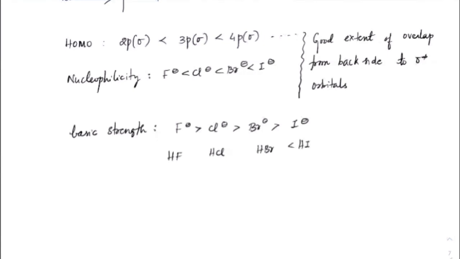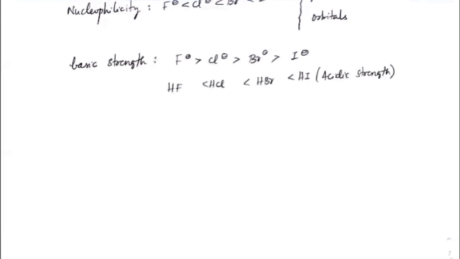We know that HI is highly acidic here. This is the acidic strength. And the respective conjugate bases, if it is a strong acid, they will be weak. But this concept is only valid as long as we are talking about a solvent which is polar protic. So just make a note here that the above concept is valid.